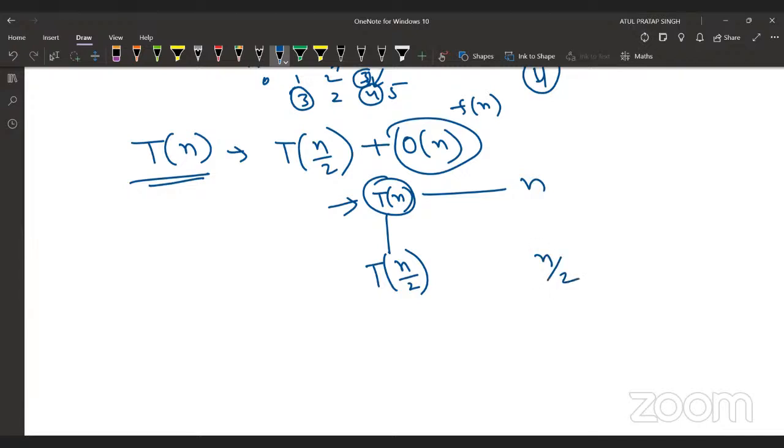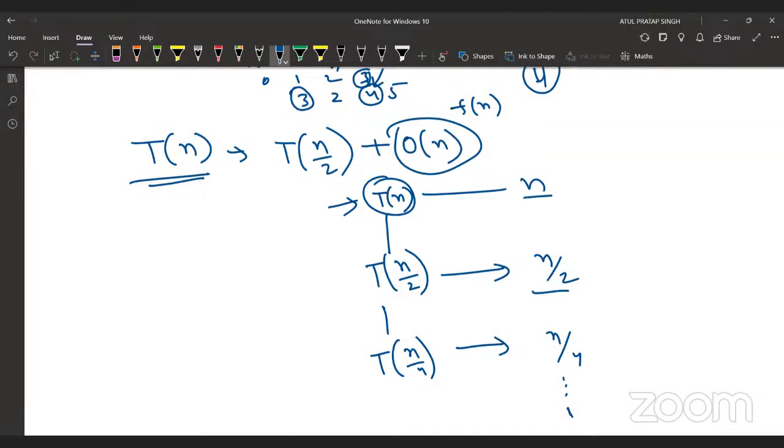Our partition function will perform on n/2 elements at that level. So initially this is n, in the next level this is n/2, and same for the next, we will perform n/4. At some point we will reach one value, and we will find the answer.